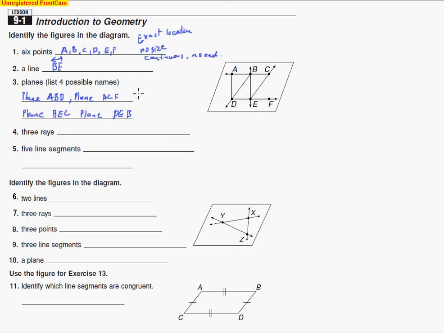And so we'll just say a flat surface that extends forever, forever in the space that's defined by the variables that we used. And so the key is that it's that flat surface.